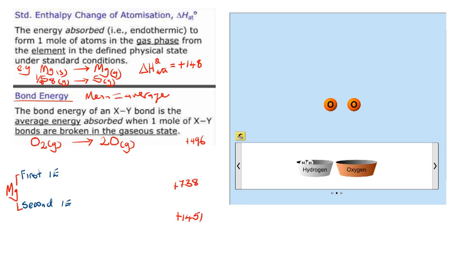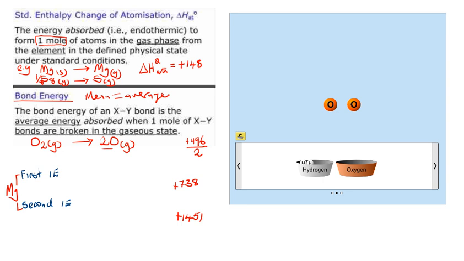So to form 2 moles, we need 496. But by definition, atomization forms 1 mole. So to form 1 mole, we divide by 2.